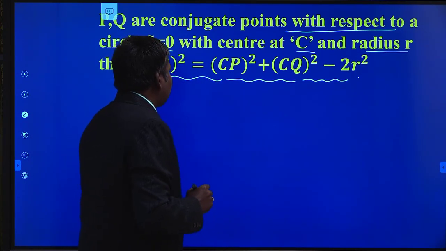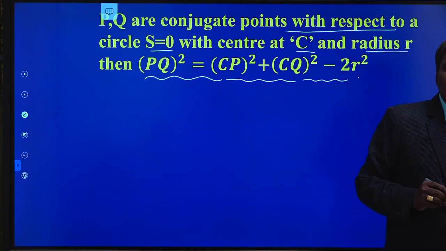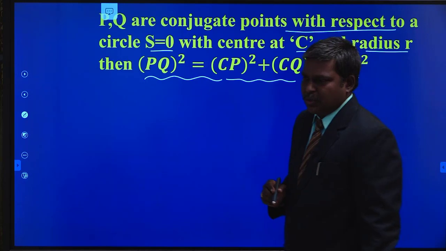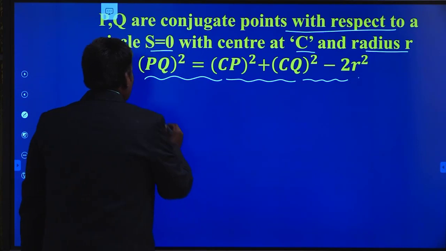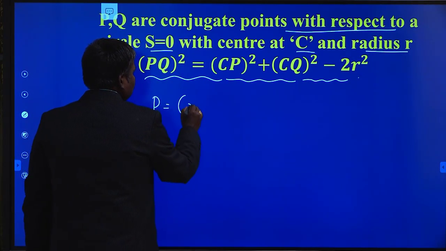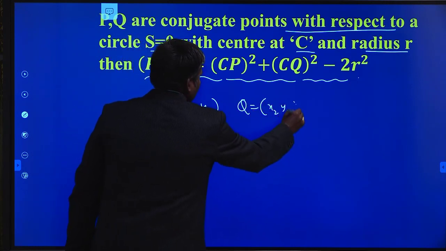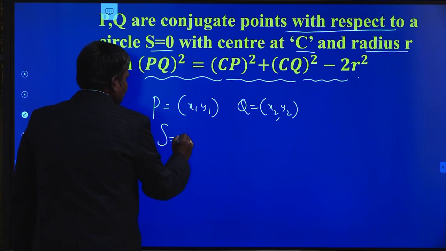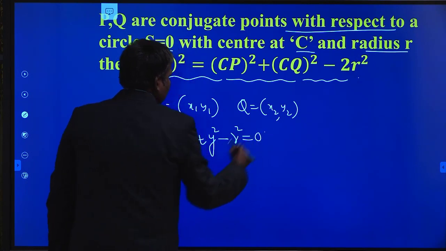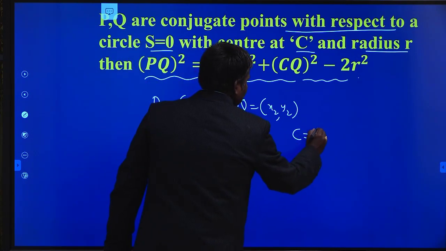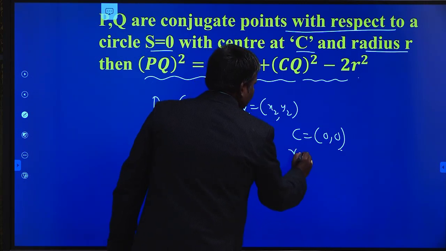Suppose the points are taken in this manner: P is x1, y1, Q is x2, y2. For my convenience, I am taking circle S as x square plus y square minus r square equal to 0. Center of the circle is 0, 0, C, and radius is r.